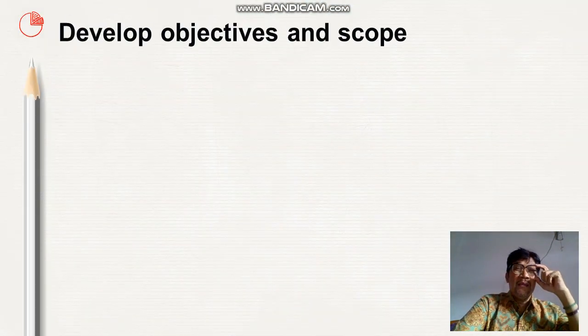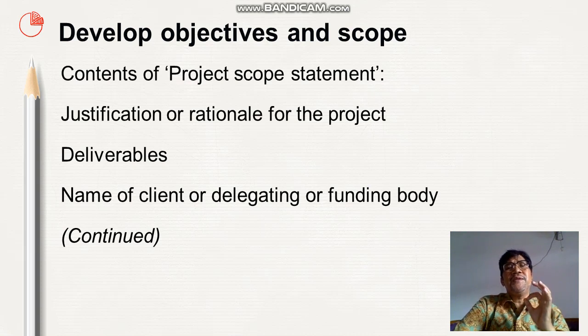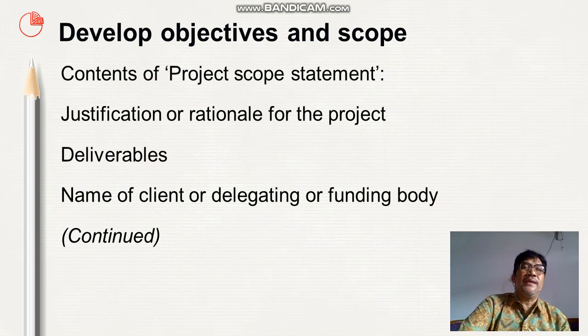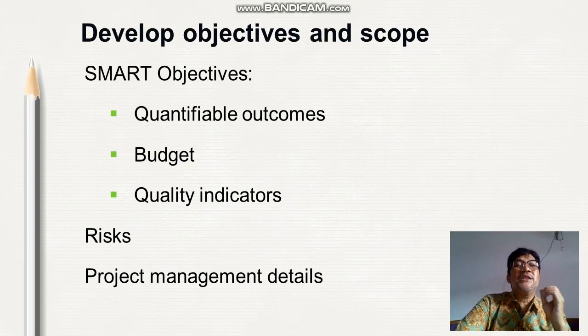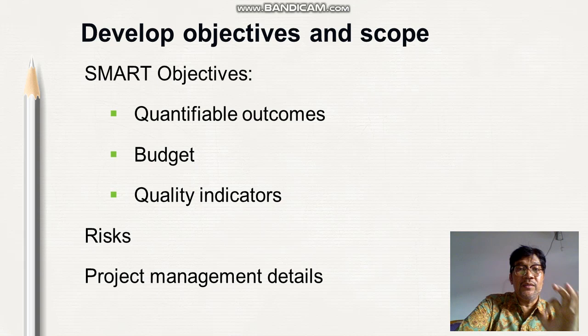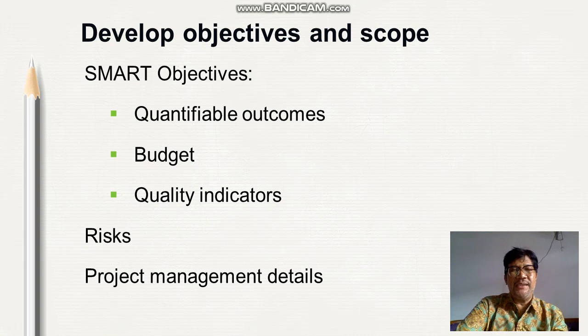Next slide. Contents of the project scope statement: justification or rationale for the project, deliverables, and name of the client or delegating or funding body. Develop objective and scope: SMART objectives, including quantifiable outcomes, budget, quality indicators, risk, and project management details.